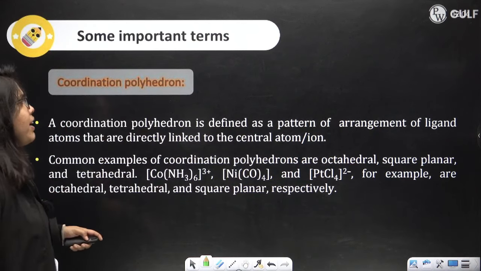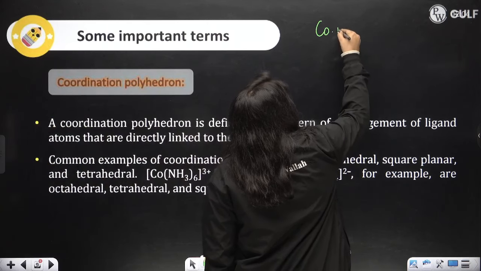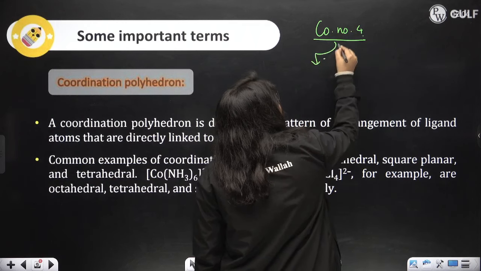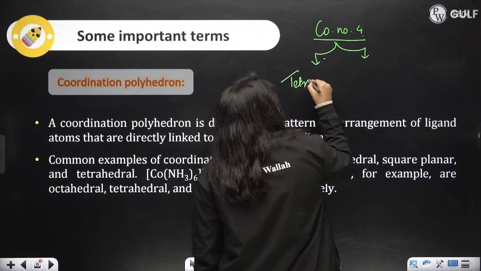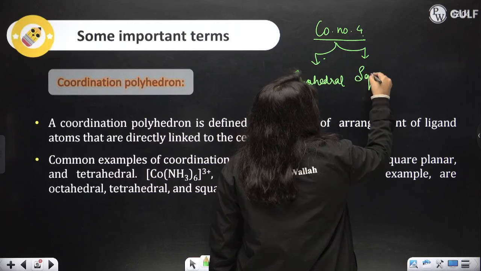And let me be very honest with you. When the coordination number is 4, you get two types of geometries: one is tetrahedral and the other is square planar.